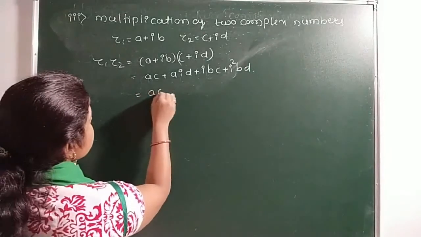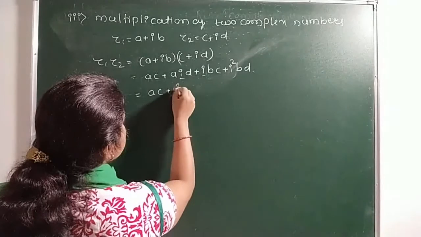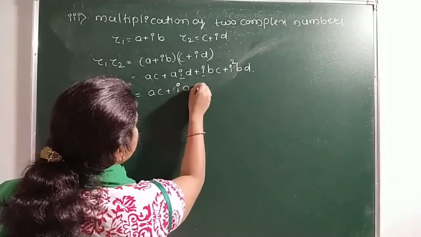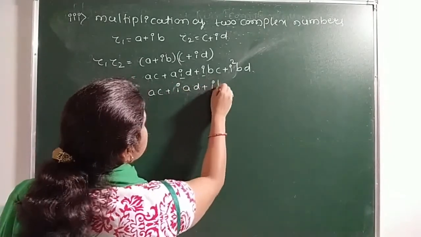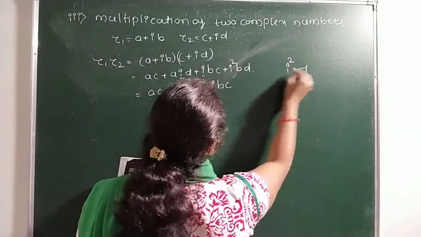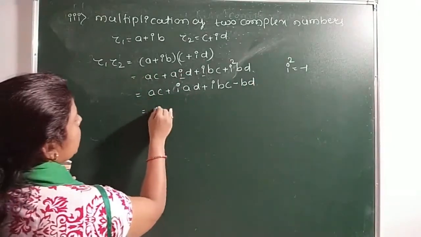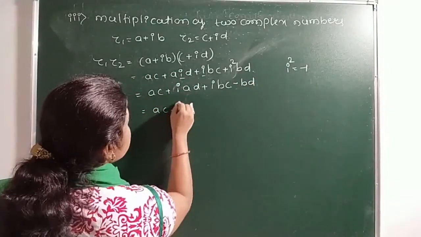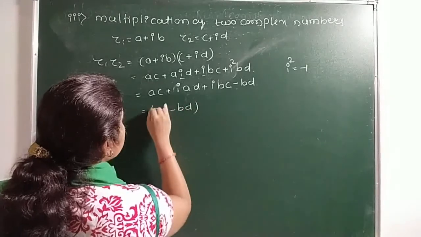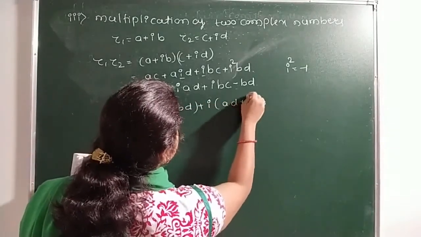This we have to simplify. i is common for both the terms: i ad plus i bc. Here as we know, i square is nothing but minus 1, so minus bd we have to take here. AC minus BD plus i AD plus BC.